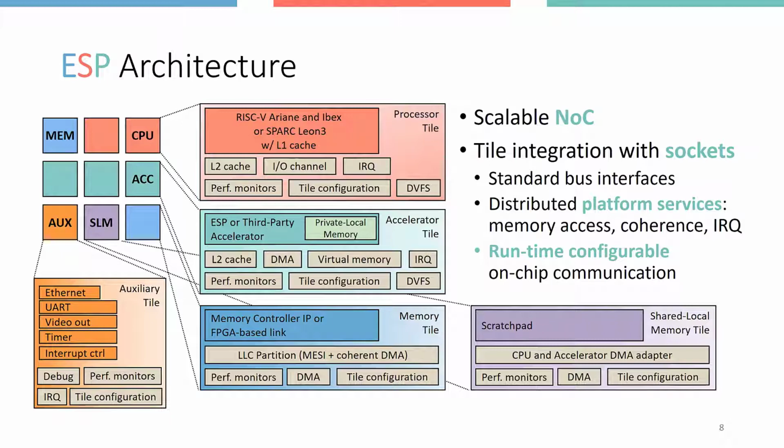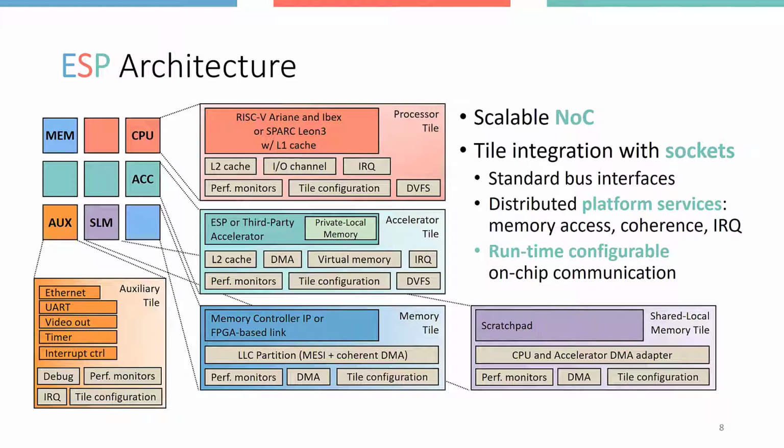And so this is a compromise between supporting heterogeneity of components and specialization, both in the context of the characteristics of the tile matrix and the specifics of each tile, the content of each tile, and at the same time having a certain degree of regularity, because tiles are connected through an interconnect, which is typically a network on chip, a scalable network on chip, highly configurable, as you will see later.